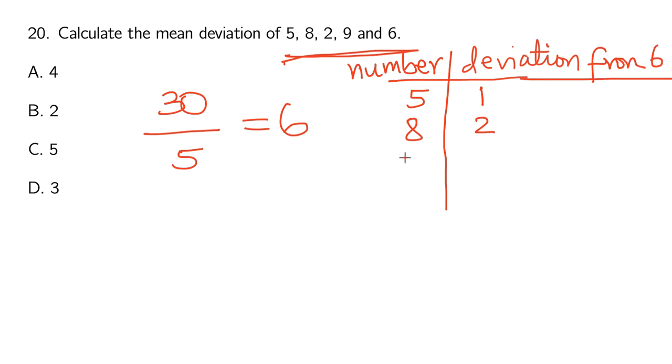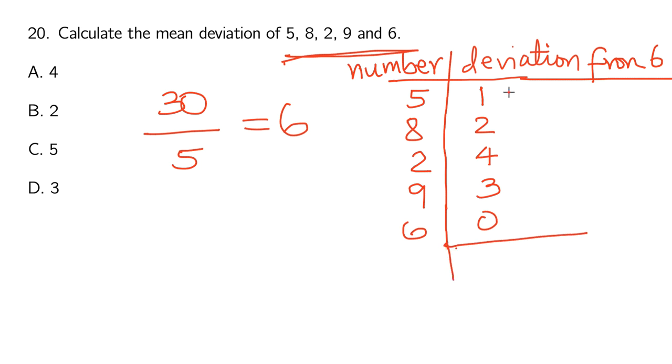Alright, so we have 2. The deviation of 2 from 6 is 4. The deviation of 9 from 6 is 3. And the deviation of 6 from 6 is 0. So these are now our deviations.